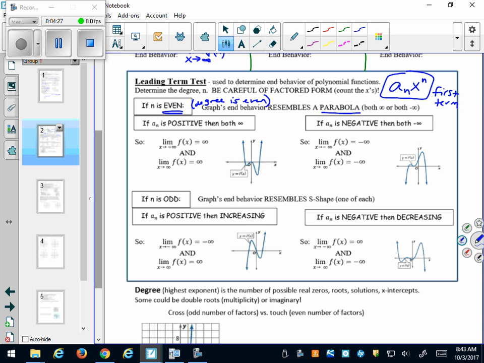A parabola goes up like that if the coefficient is positive, and it goes like this, an upside down U, if the coefficient is negative. Now, obviously, that's a degree of 2.